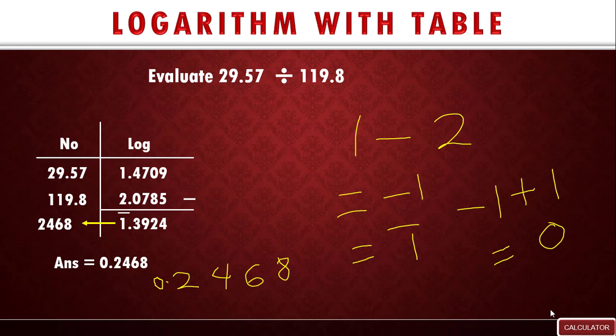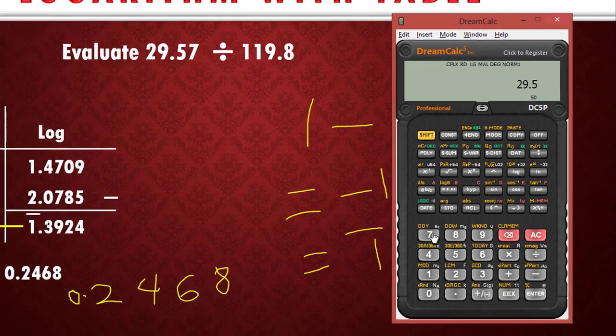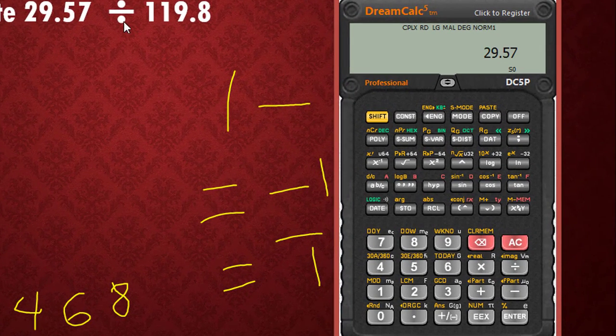When you are through, you can cross-check your work using your calculator. So let's try to do that. 29.57 divided by 119.8.